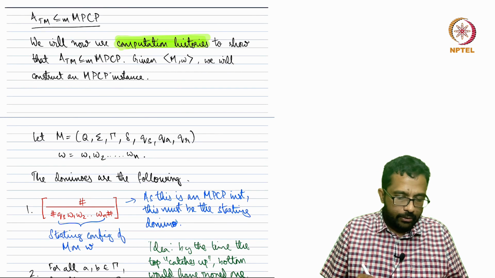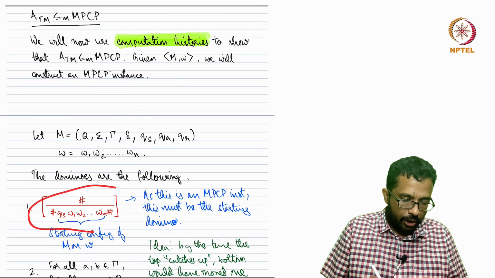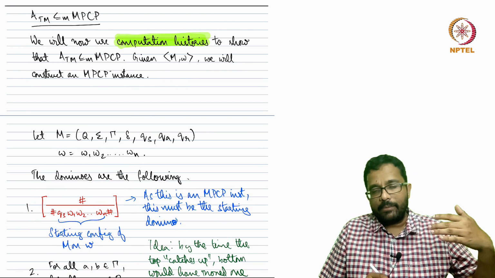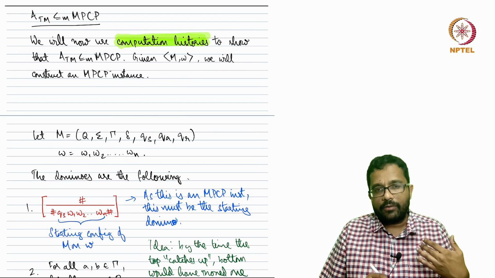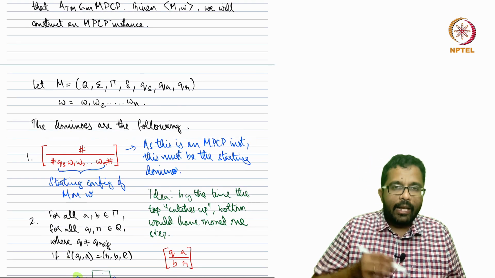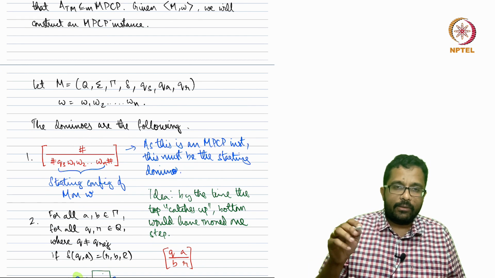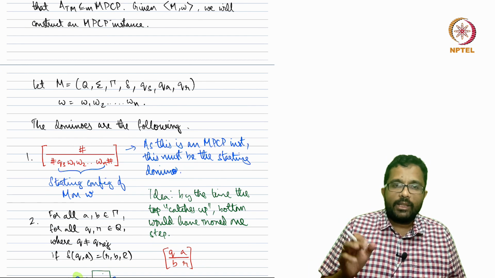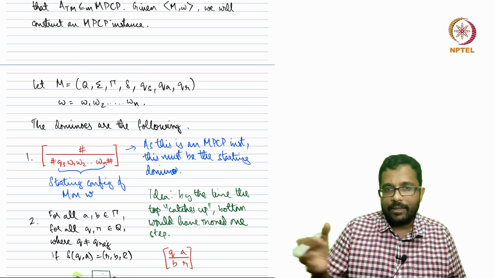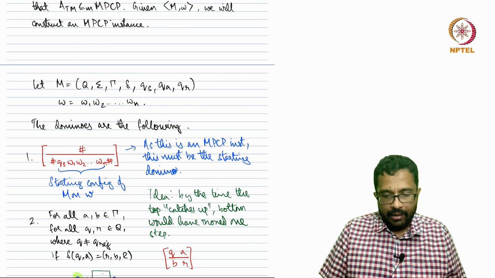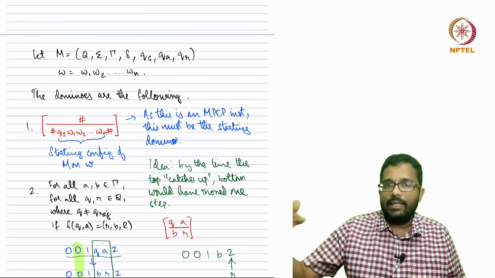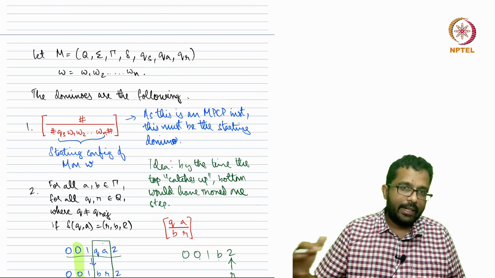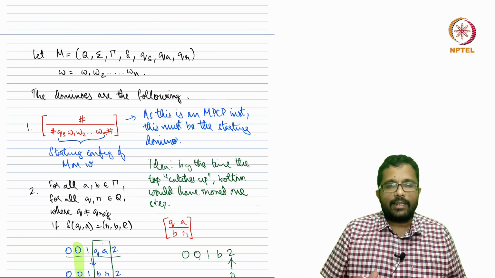We created dominoes in such a way that in the first domino the top is empty and the bottom has the starting configuration. Whenever we fill out the top to match up with the bottom, the bottom will have advanced one step of the computation, and this lead of one step is maintained throughout till there is an acceptance.